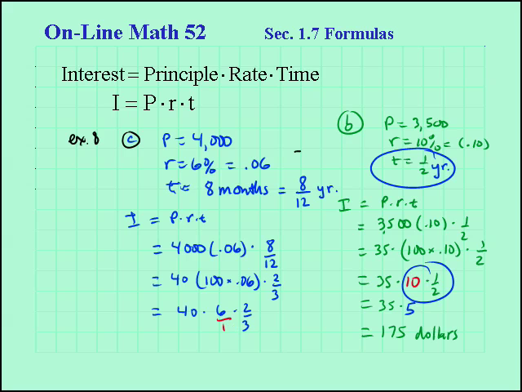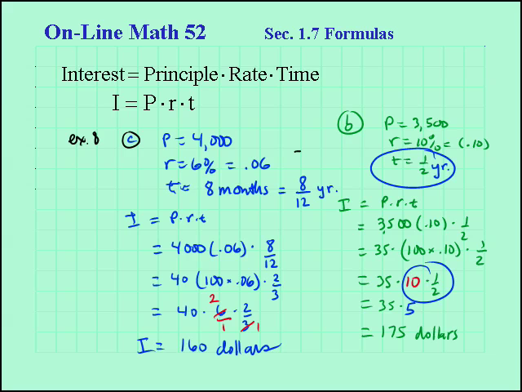So I'm going to divide out 3 and get 1 there, and divide 3 into 6 and get 2. And that'll help me simplify it. And now I've got 40 times 2 times 2. And that's $160. And that's the interest. Okay?